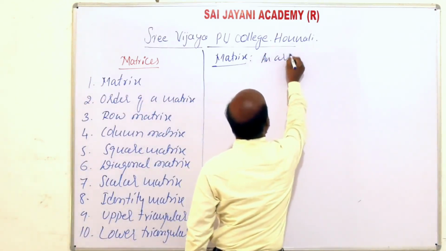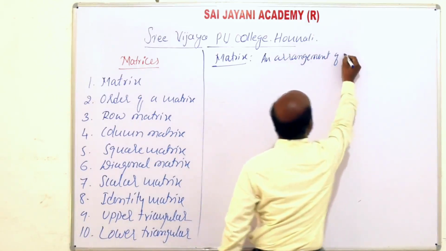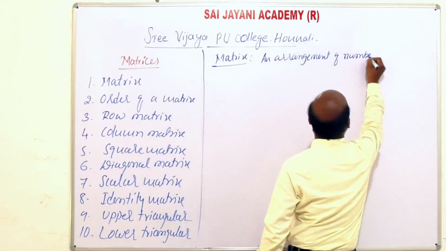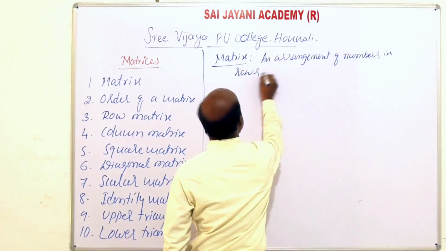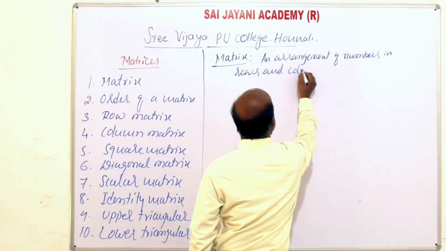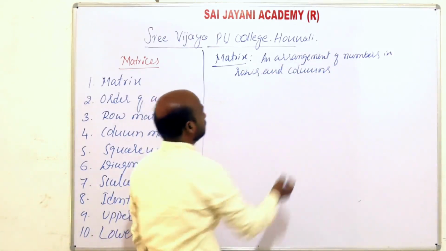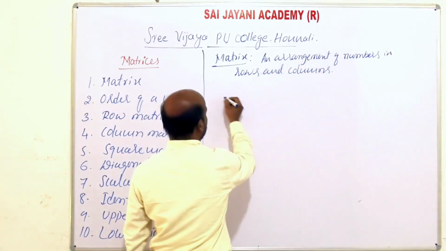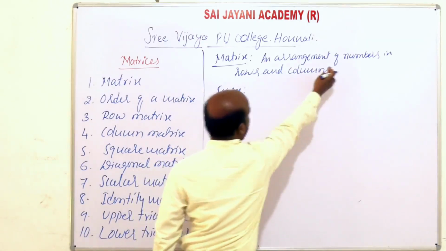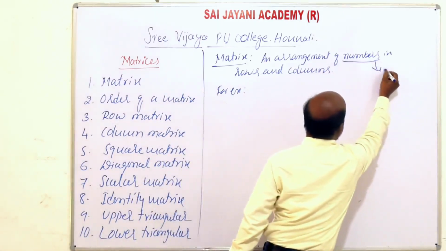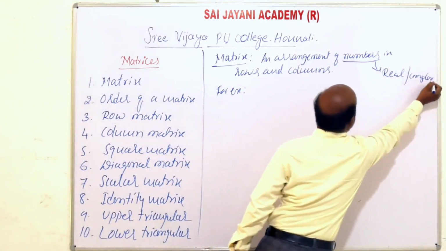For example, an arrangement of numbers, where the numbers may be real or complex.